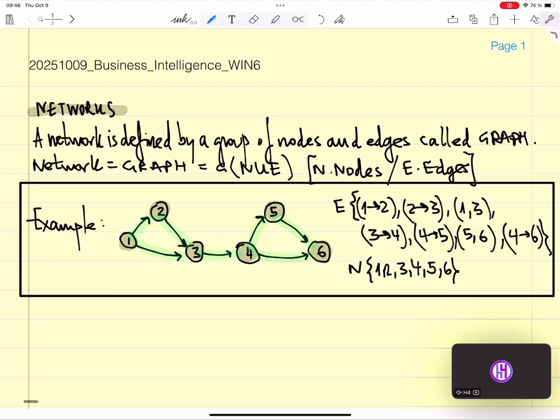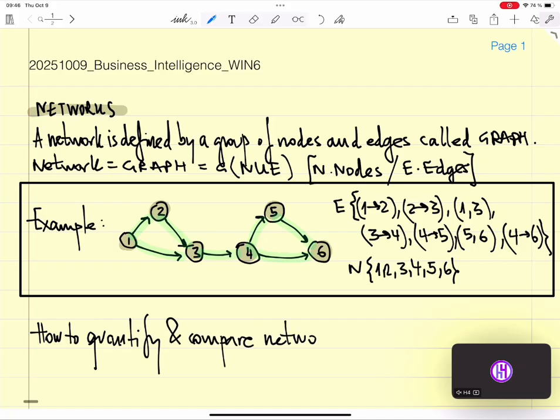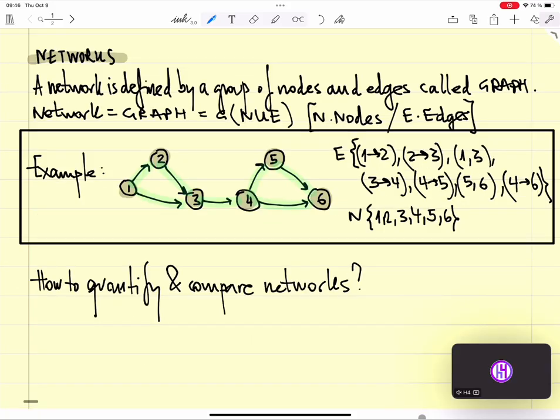So we are going to learn today how to quantify and compare networks. Okay? So we will do that with 3 KPIs. The first one is called average path length.